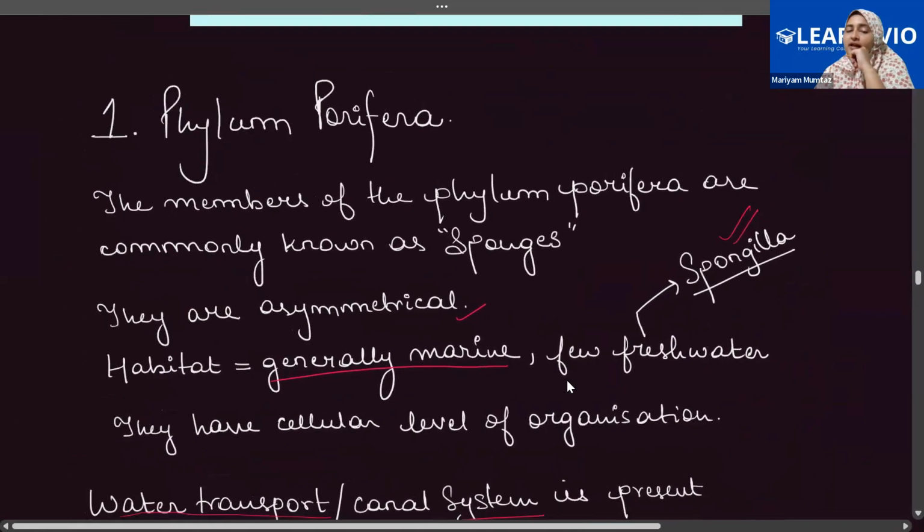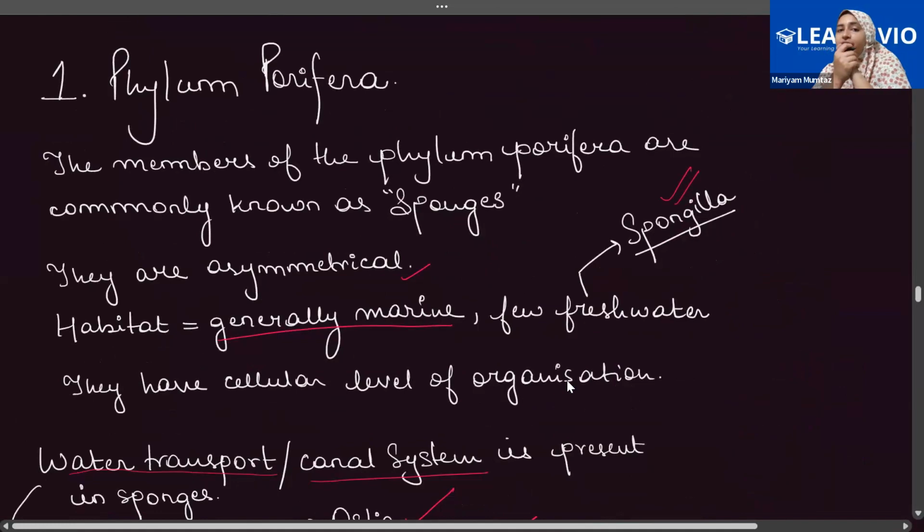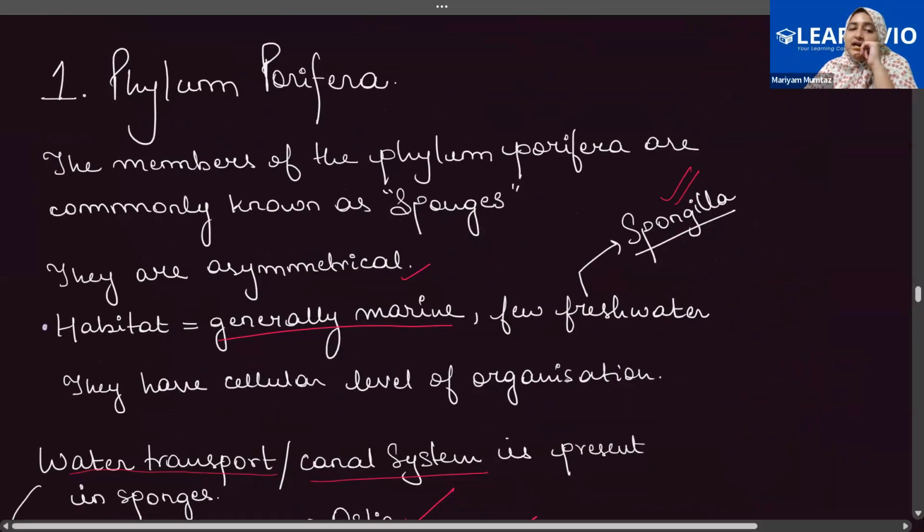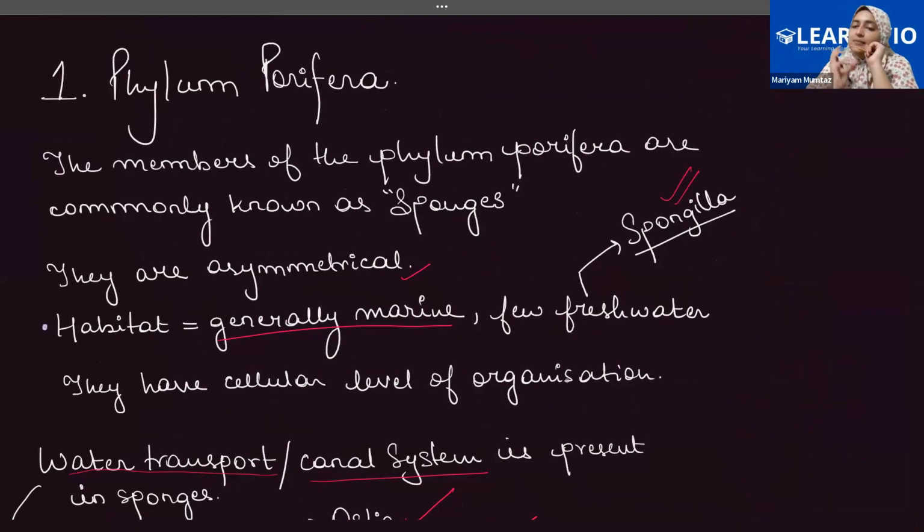Remember that every single organism in the phylum Porifera is a sponge. They are asymmetrical, we already know that. Talking in terms of habitat, they are found mostly in aquatic habitat, generally marine, and some of them are freshwater organisms.